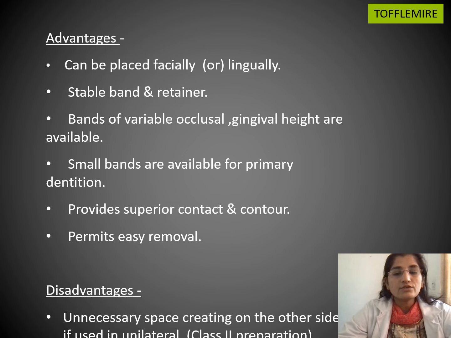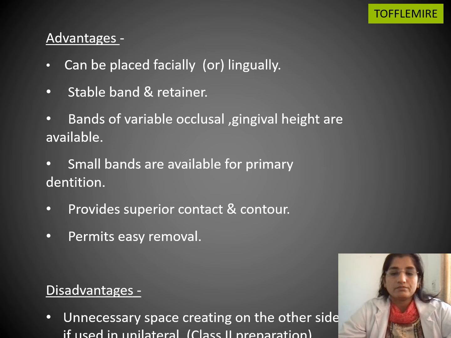And the disadvantage of this universal matrix system is that unnecessary space is created on the other side if used in a unilateral class 2 preparation. If the case is MOD, then you can use it, as I mentioned earlier, the universal Tofflemire system can be used where multiple surfaces are involved.